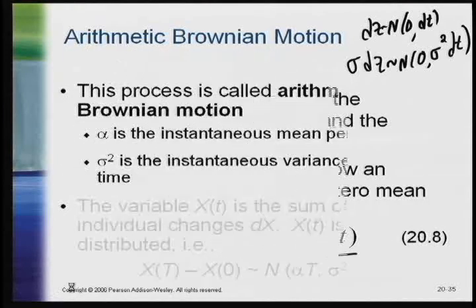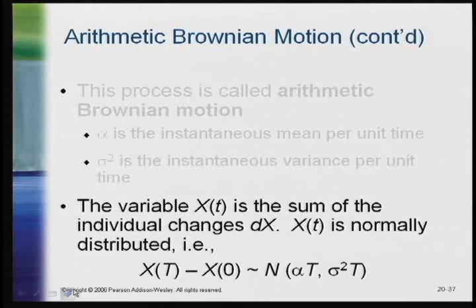And the slide that we were just getting to articulates that here. It says that the change in x from 0 to time t, well, that's a sum of a large number of dx's. Each dx is normally distributed. So the sum is normal.